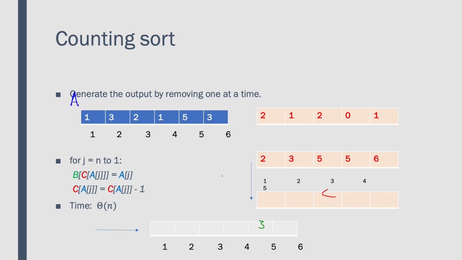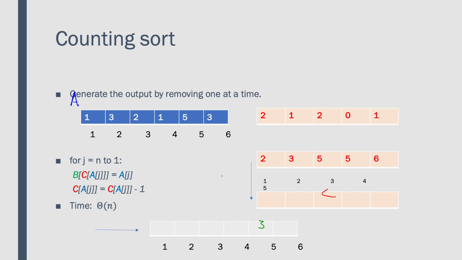For each element A[j] in the input list, on step 1 it uses the cumulative count to find the correct position, B[C[A[j]]] equal to A[j], and then on step 2 it decreases the count by 1, where C[A[j]] equals C[A[j]] minus 1.